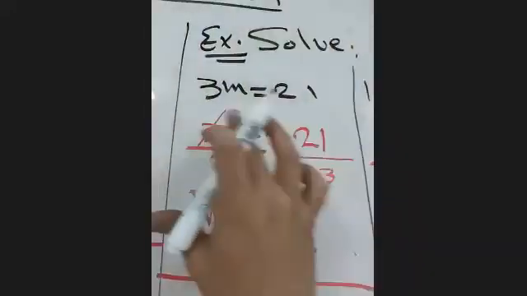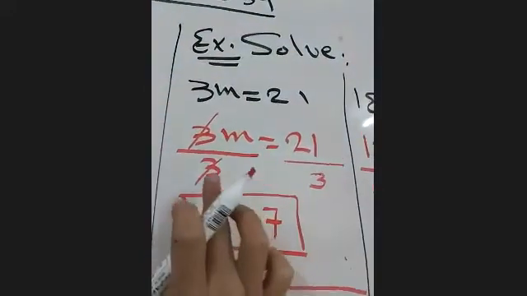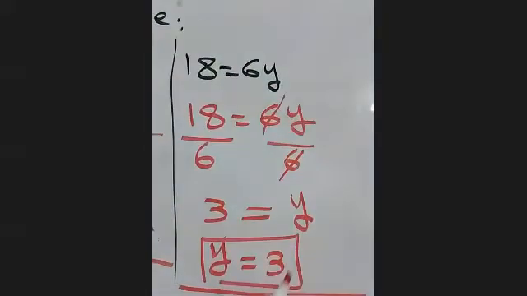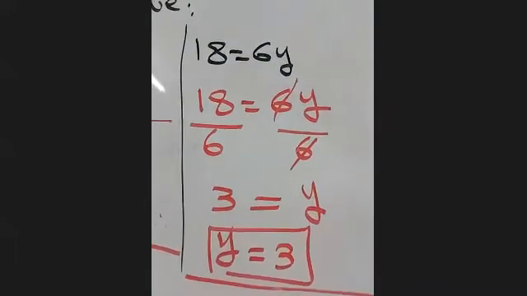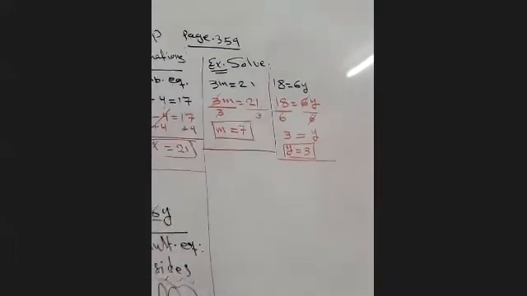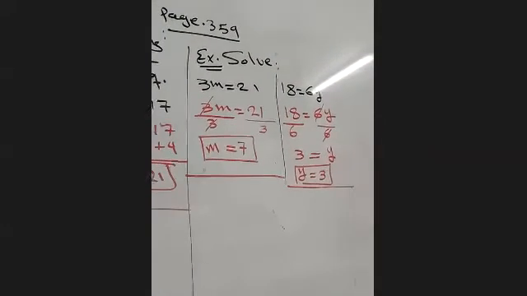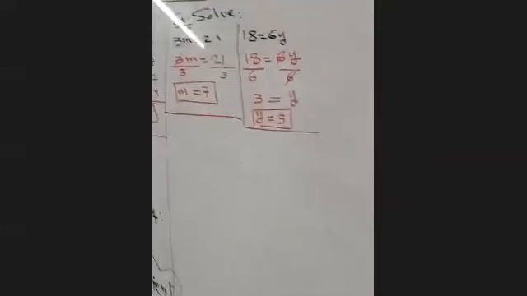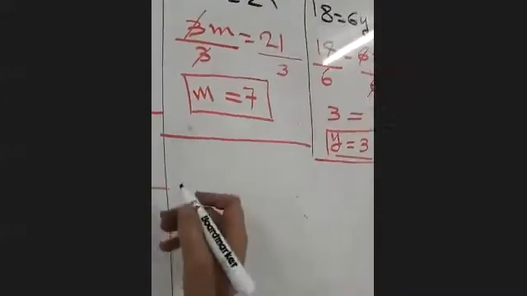So here, 3m equals 21: rewrite the equation, the coefficient is 3, divide both sides by 3. Here, 18 equals 6y: rewrite the equation, the coefficient is 6, divide both sides by 6, then simplify. This is how we do the multiplication equation. I'll give you another example, then I will receive your questions.